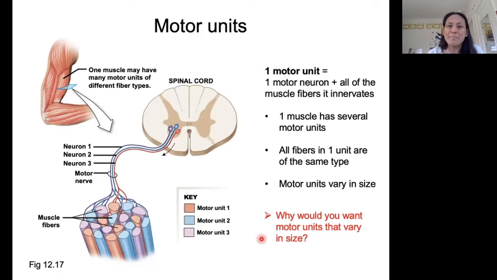In that case, it makes more sense to have a large motor unit, where one motor neuron gives commands to a large number of muscle fibers. That way you can give those muscle fibers all the same command, and that will help you do whatever gross motor movement you want to do, like jumping.